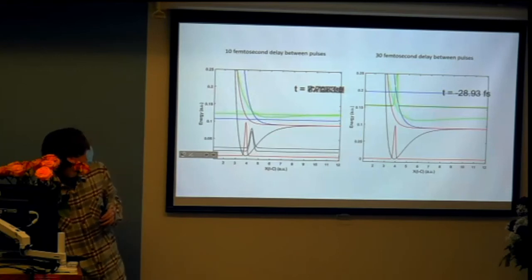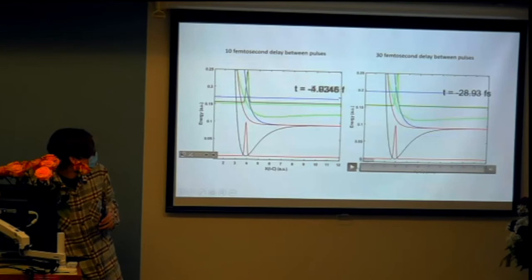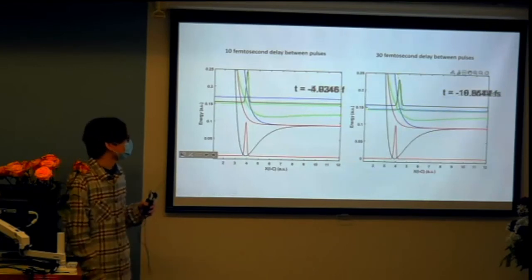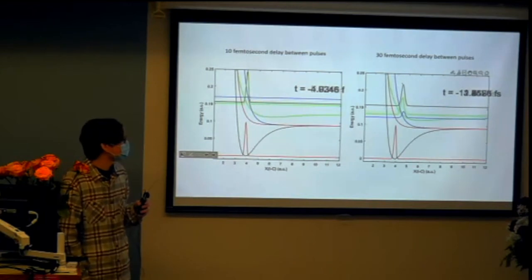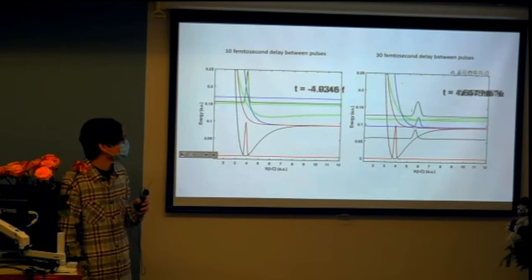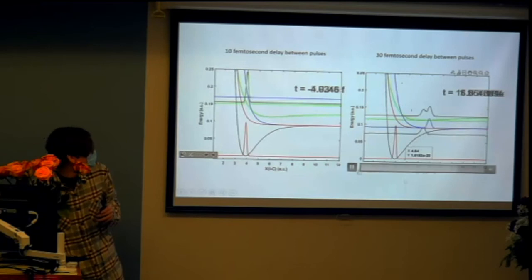So that's at 10, and compare it to a 30 femtosecond delay. So that's after 1 pulse. Then you'll see once the timer reaches 0, the second pulse. Okay. You can see it goes to the ground state.